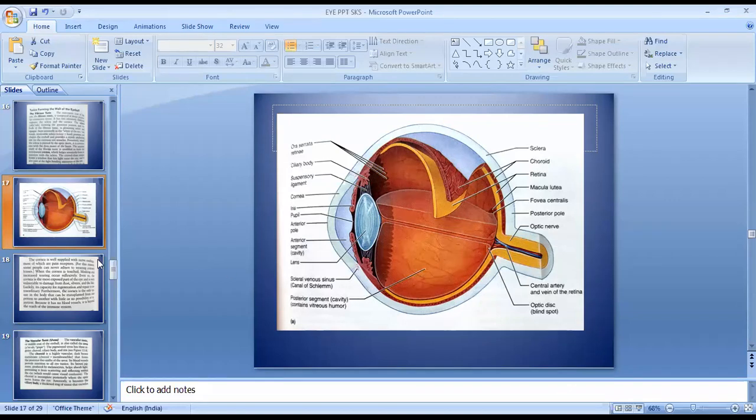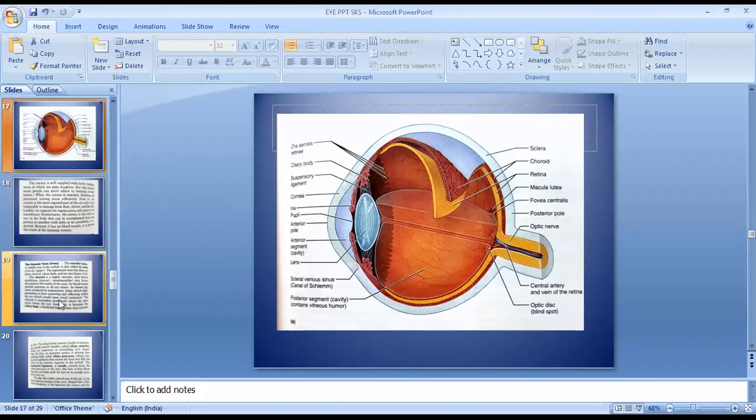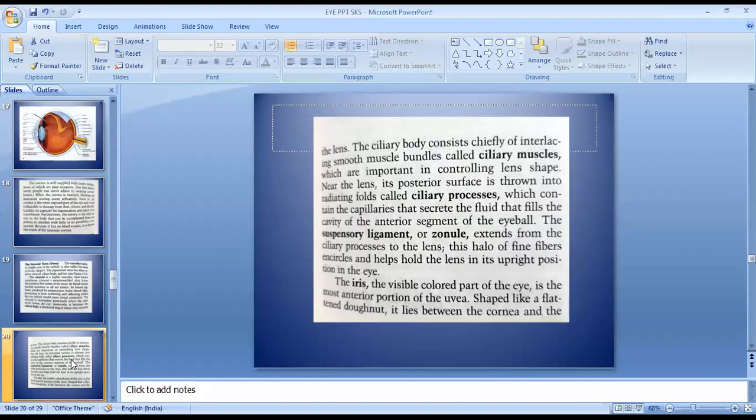Okay, and next, as we said, the ciliary bodies consist chiefly of intercalating smooth muscle bundles called ciliary muscles, which are important in controlling lens shape.